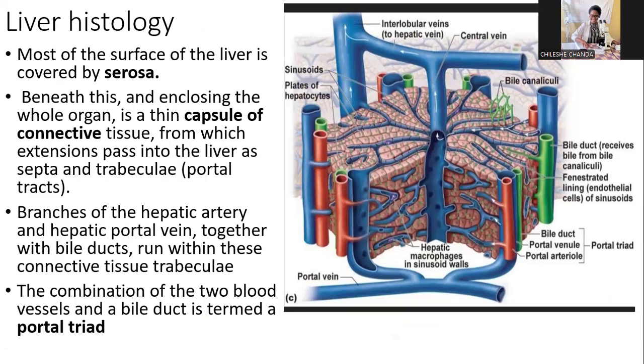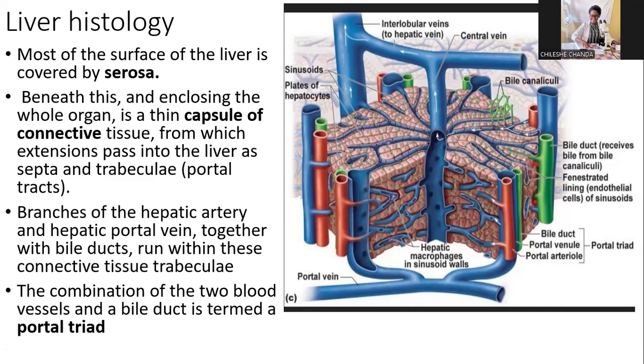So we have branches of the hepatic artery and hepatic portal vein that will go inside. You are seeing at the bottom here the hepatic portal vein going inside. The red ones are arterioles, which are branches of the hepatic artery.